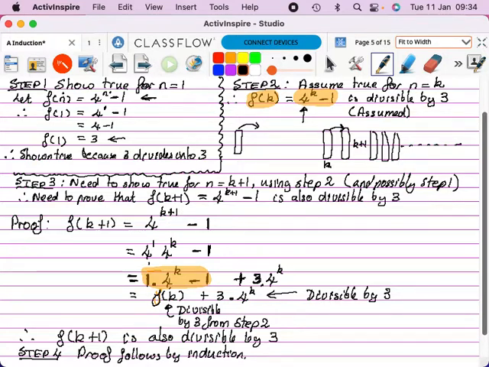But the reason why this works is because I've already shown that domino number 1 actually topples in step 1. And what I've proved here, that if a domino topples, what does it cause the other domino to do? It causes the next domino to topple. That's what I'm proving in step 2 and step 3.